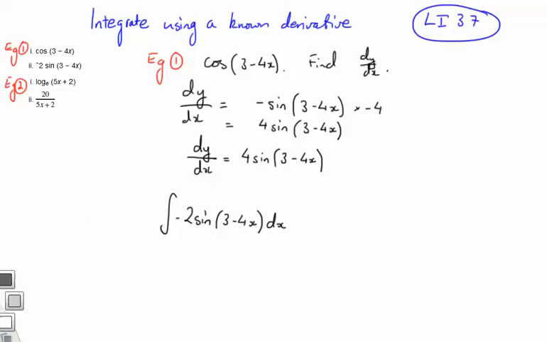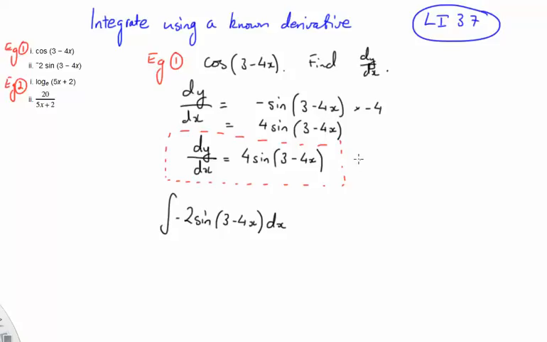However, you have this piece of information here that's going to help you do it. So what you need to do is adjust the derivative to make it look like this.